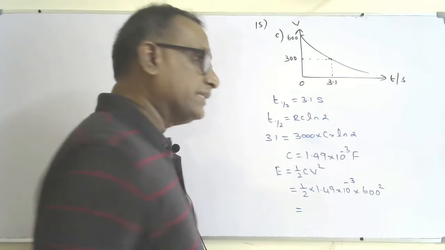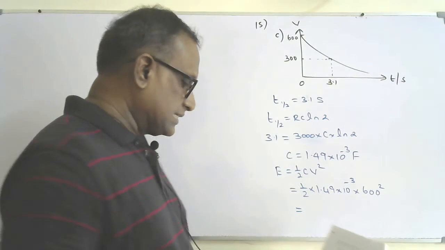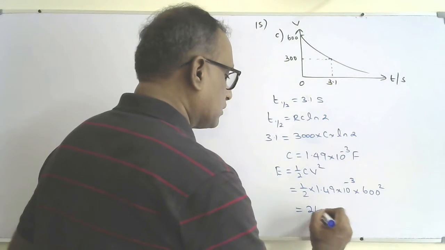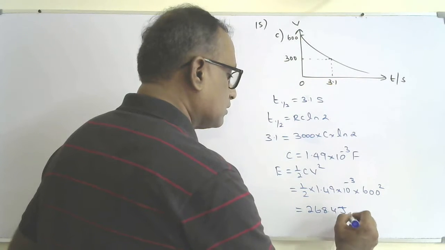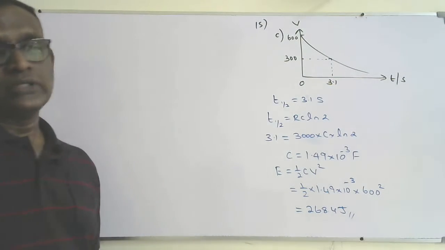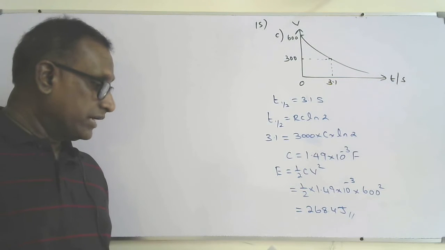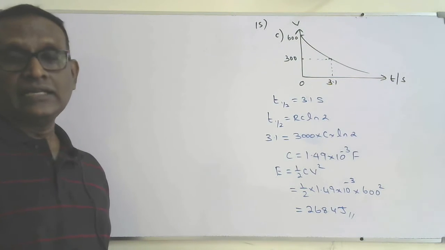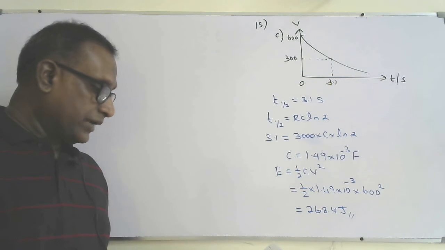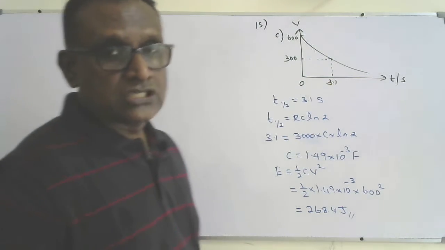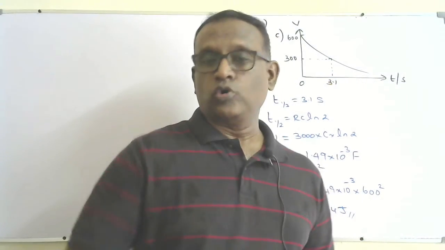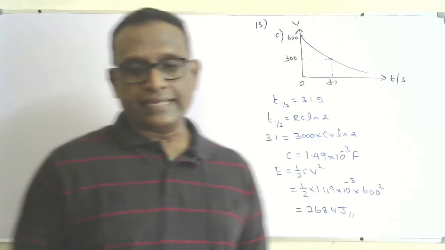So the maximum energy stored in the capacitor will be 268.4. So we know that this capacitor stores more energy than the mechanical mousetrap. So we can say the electric mousetrap stores more energy than the mechanical mousetrap.